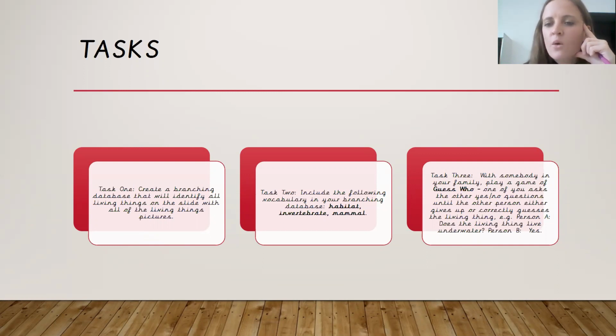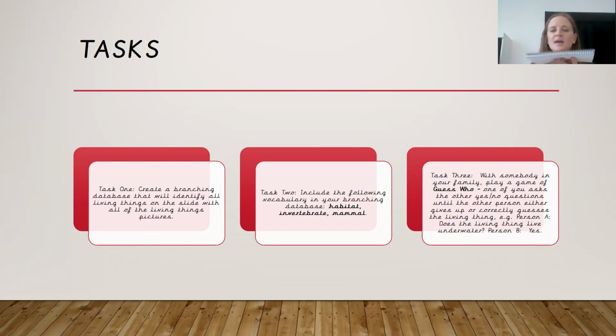Task 3. With someone in your family, or someone that's at home with you, play a game of Guess Who. Now, we've all played this game of Guess Who, hopefully. It's a board that you would have with these little characters flipped up, and then you get one character that you choose, and your partner has another character that you can't see, and then you have to try and guess which character they have by putting down, you have the same pictures on either side, by asking yes, no questions, and then putting them down.